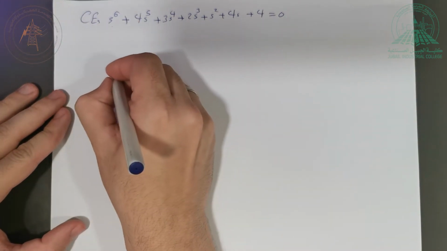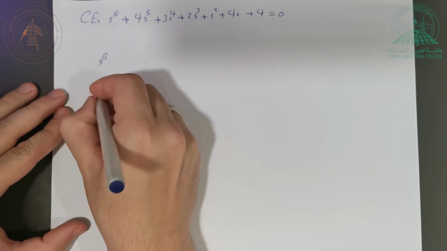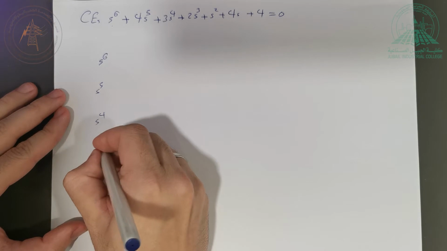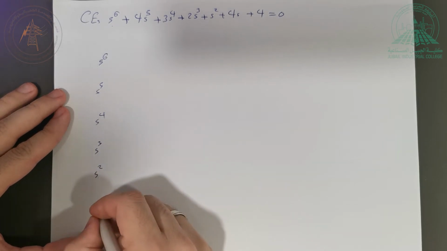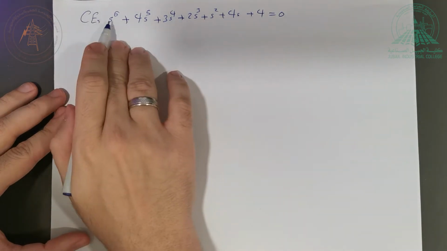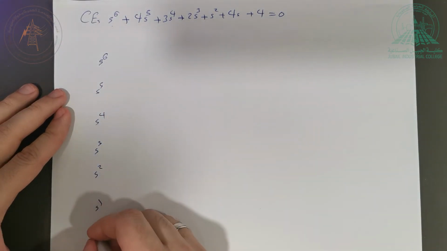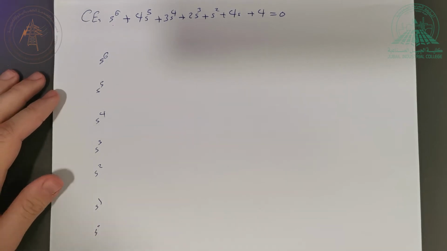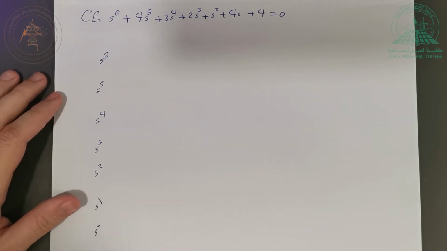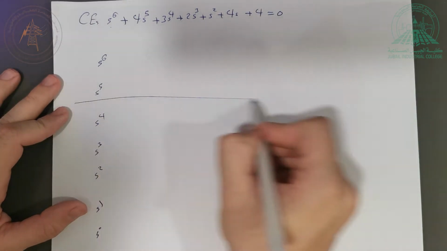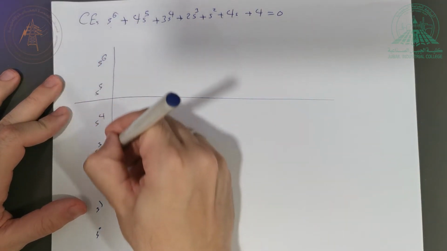So I'll write s6, s5, s4, s3, s2, s1, and actually I'll go to s0 as well. So I'll have a table like this.